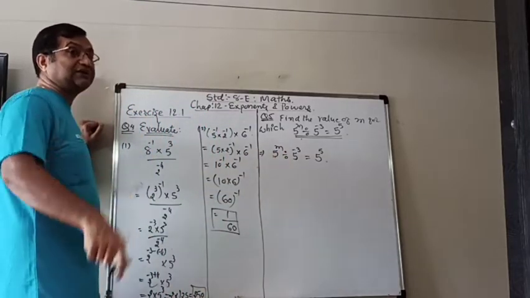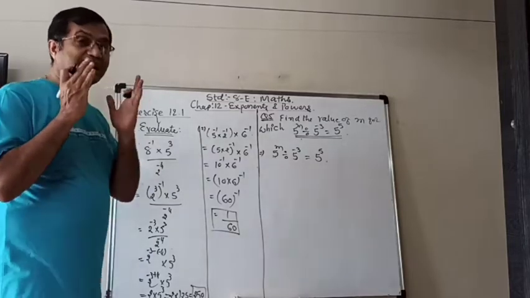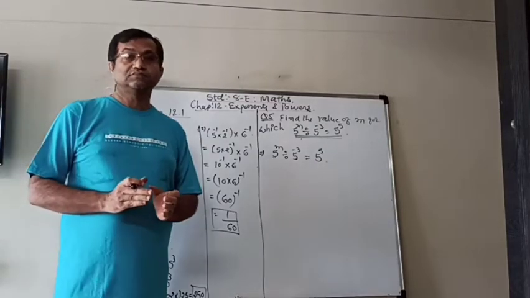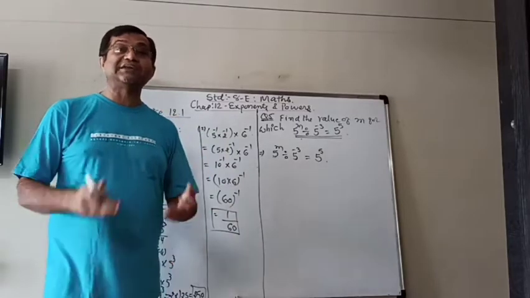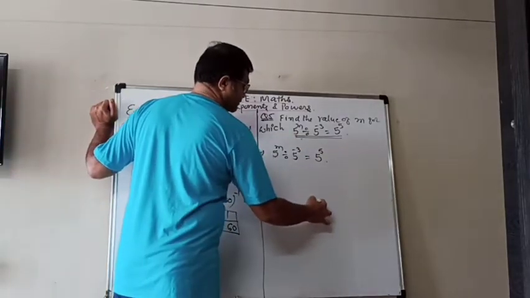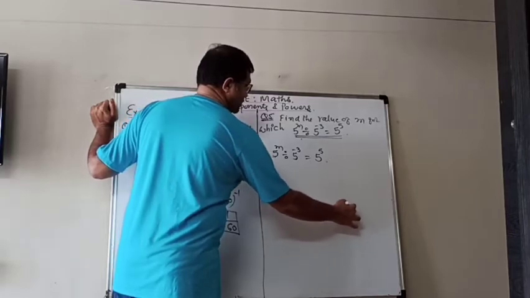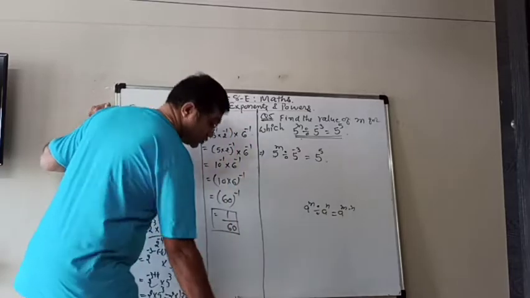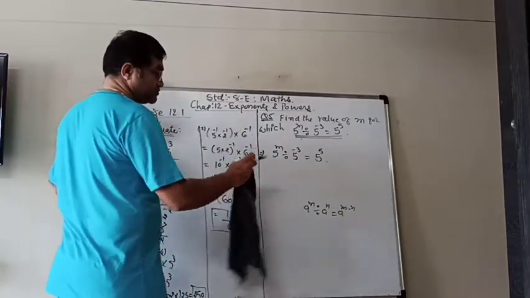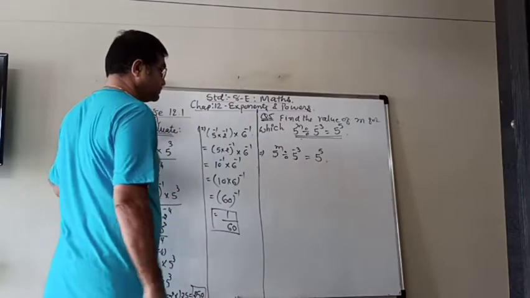So we can apply the second rule, that when the bases are equal, then the powers get subtracted. We learned that a raised to m divided by a raised to n is equal to a raised to m minus n. That rule we are going to apply here.